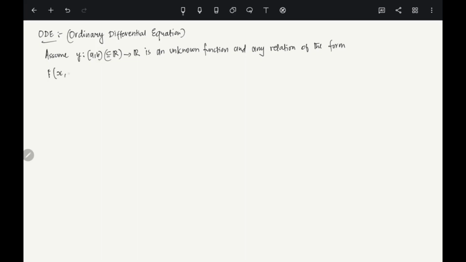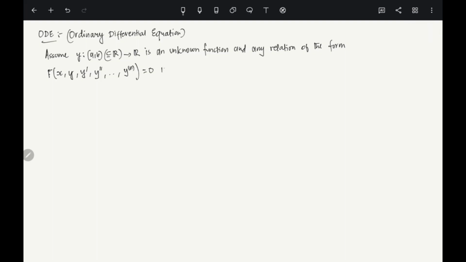It will also depend on y, a function, and it will depend on the derivative of the function, y prime, and also on the second derivative, and it will go on, depending on y, the nth derivative. This equals 0. So you have a relation which depends on x, y, y prime, y double prime, and y to the power n.